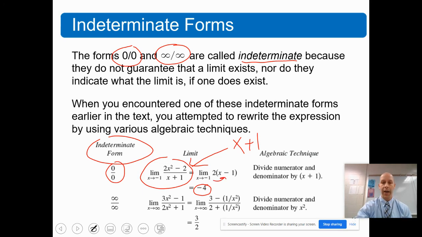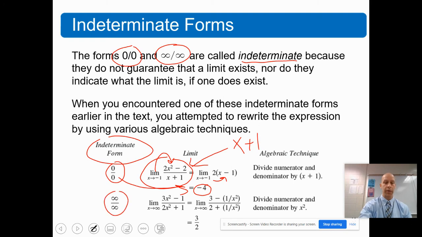Now we can do a direct substitution with the -1 here, and you'll get an answer of -4. Now let me remind you that if you put -1 in over here, you will get 2 minus 2 over -1 plus 1, which is 0 over 0. So in this case, 0 over 0 actually turns out to be -4.